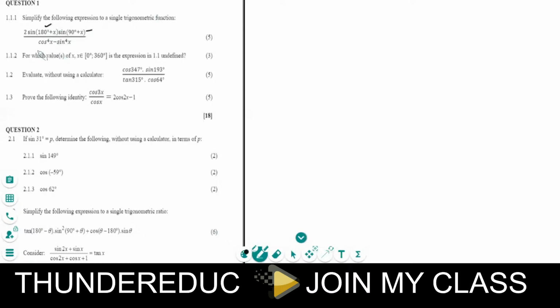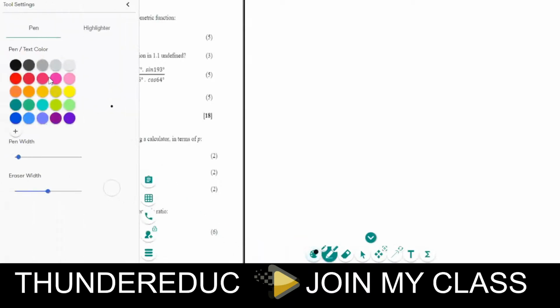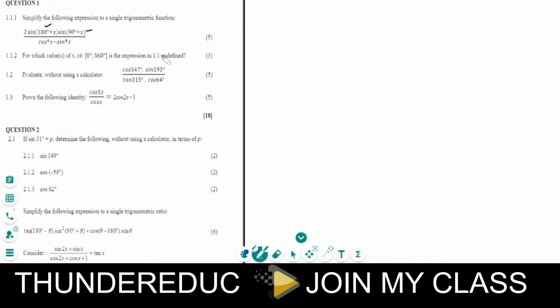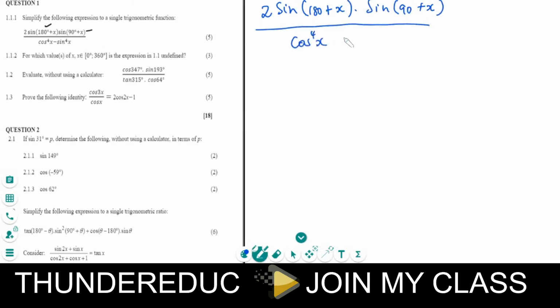And then since there's a 1, there's a 1, there's a minus, this looks like a difference of 2 squares that we need to apply to the denominator. So this is going to be 2, the sine of 180 plus x, multiplying it by the sine of 90 plus x, and then over the cos of x to the 4 minus the sine of x to the 4.